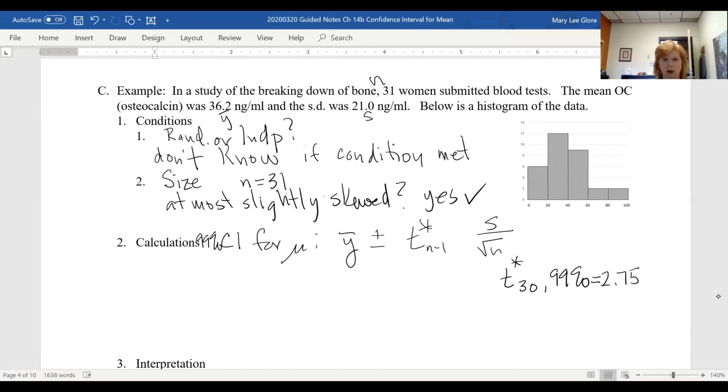y bar, this was 36.2, plus or minus t star, that we said was 2.75, and s was 21, and the sample size was 31. All right.